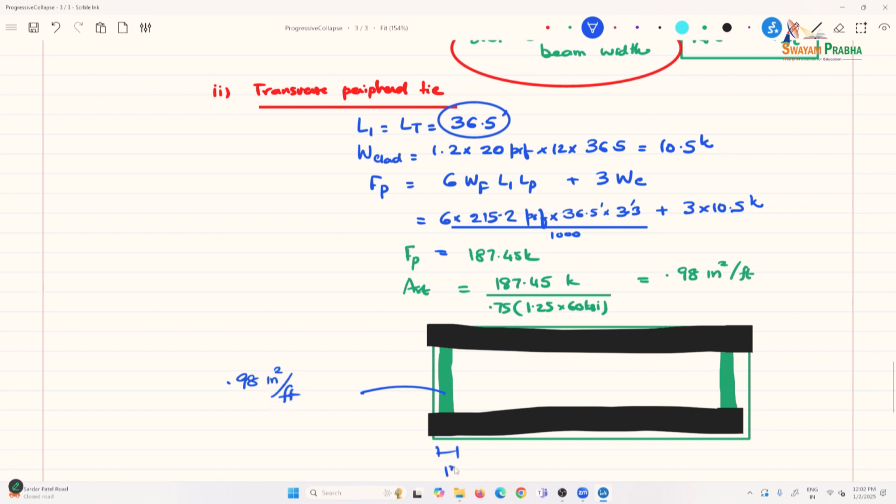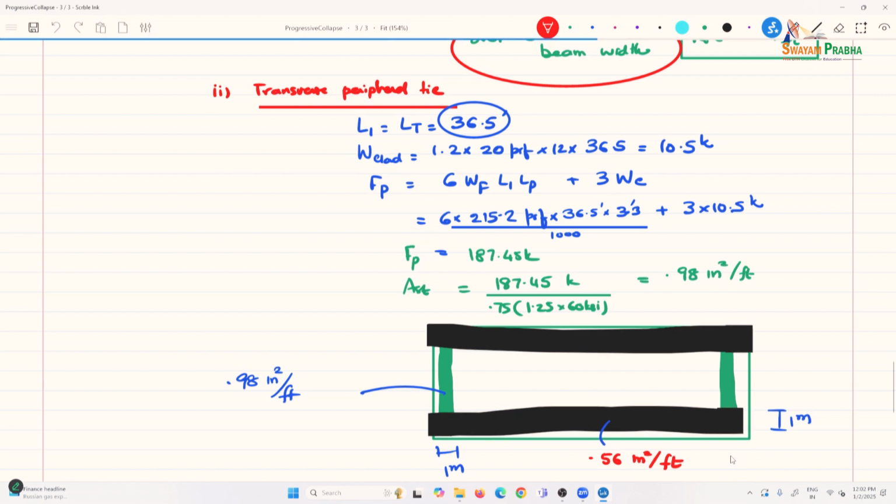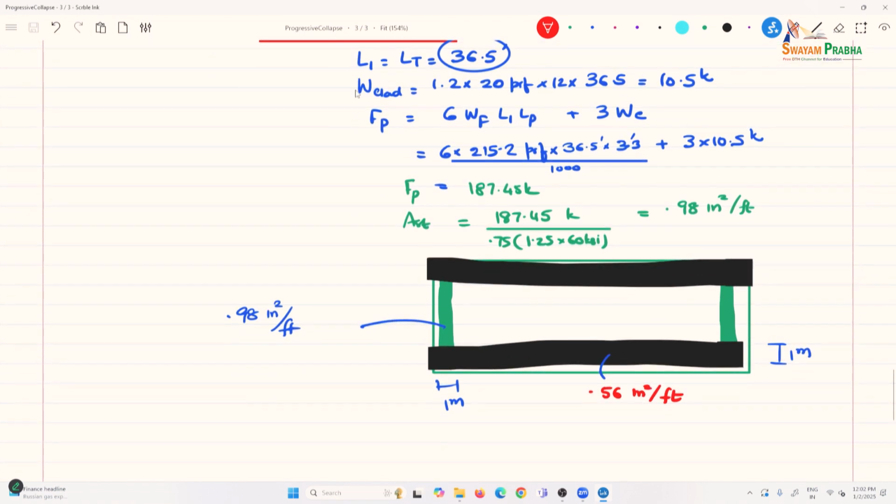All of these are 1 meter or 3.3 feet, and here in the other one it is 0.56 per foot. So, total steel you will provide is multiply by 3.3 and then give the spacing. So, that is the peripheral ties to ensure that the slab has catenary action.